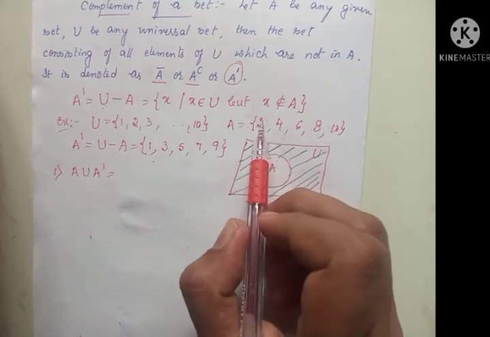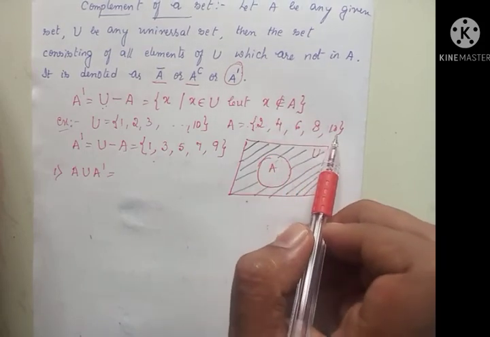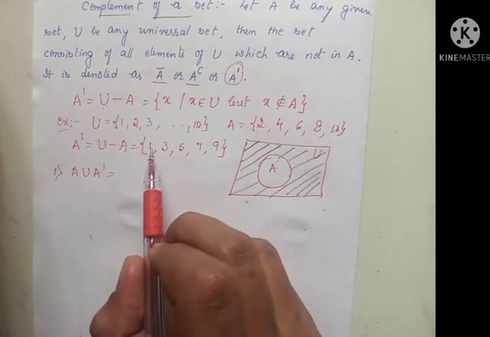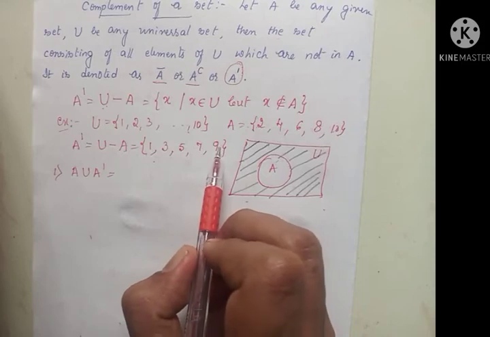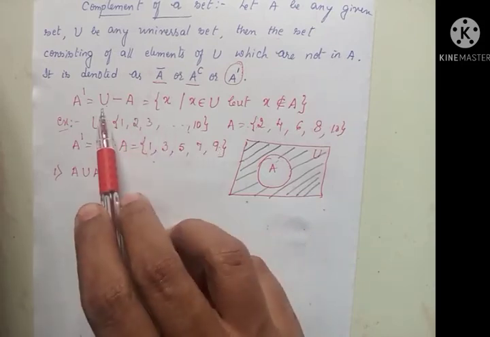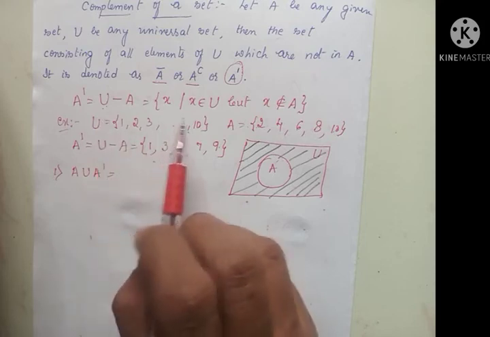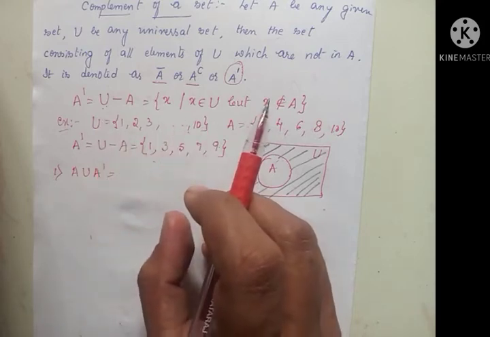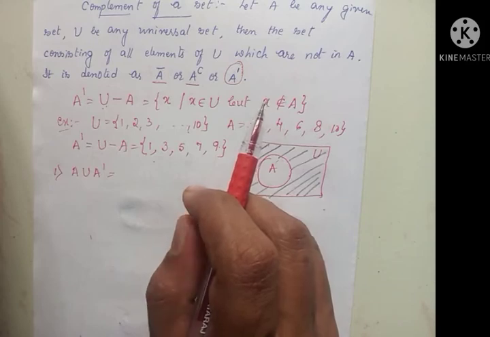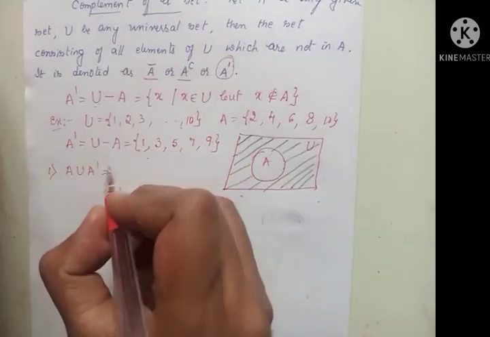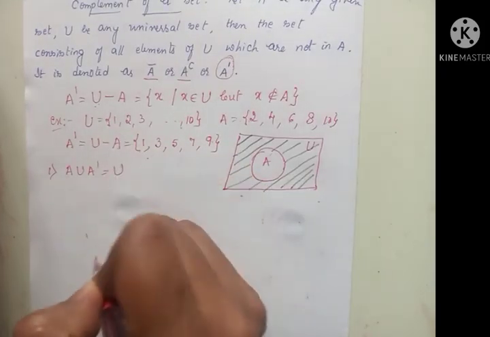So that means 2, 4, 6, 8, 10, first I have to write like this, then 1, 3, 5, 7, 9. That is nothing but the universal set U itself. In sets, order does not matter. You can write in any order. Okay, so that is nothing but the universal set U.